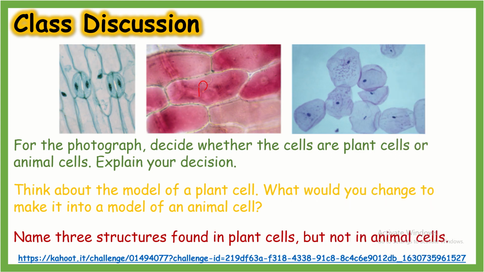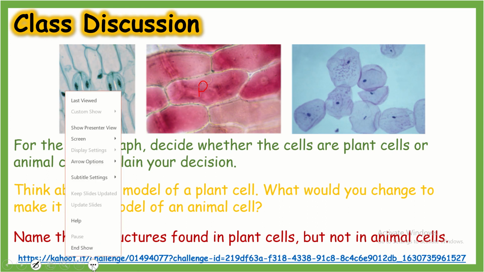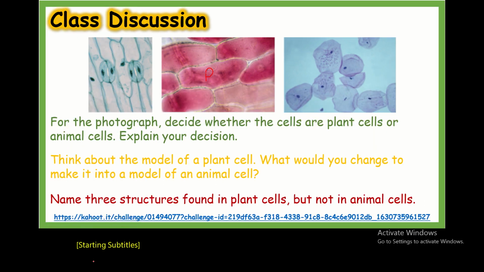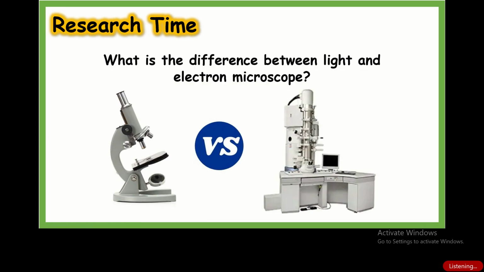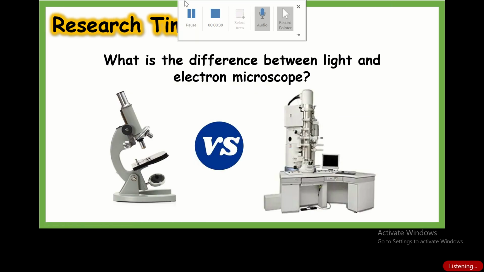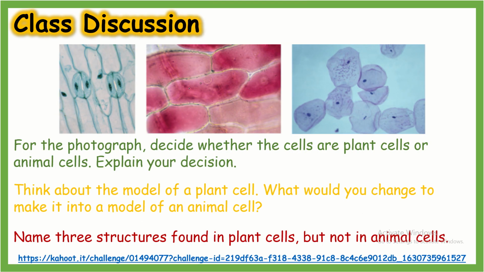And now if you see the other cells, so the plant cells are rectangular in shape. So this picture shows the plant cells. Now if you see this picture, these show the animal cell. Why? Because they are oval in shape.